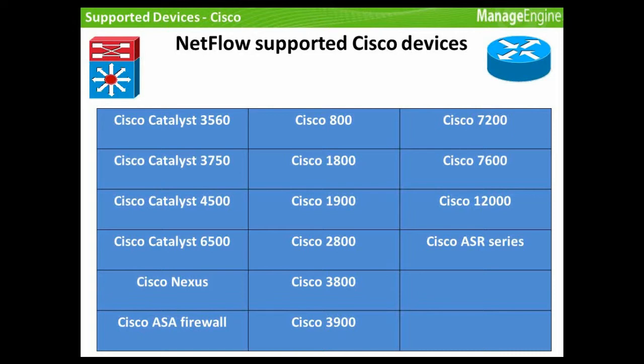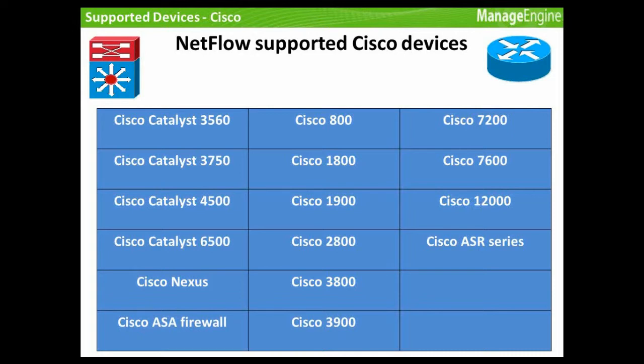Earlier, you would find that only the 4000, 4500, 6500 and 6000 series Catalyst switches actually export NetFlow. But now, over the last 1 or 2 years, they've started NetFlow support on every Catalyst switch. Then the Cisco Nexus, the data center switch, and even the Cisco ASA firewall. All these can export NetFlow.